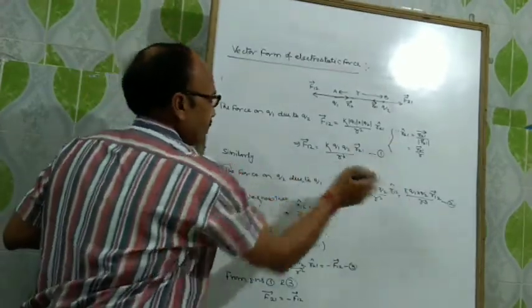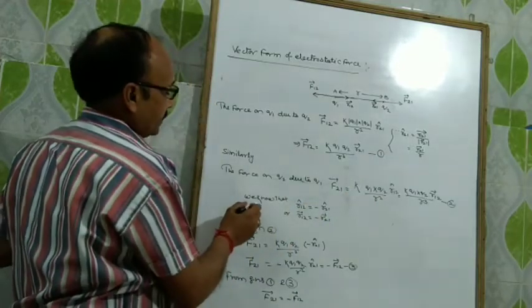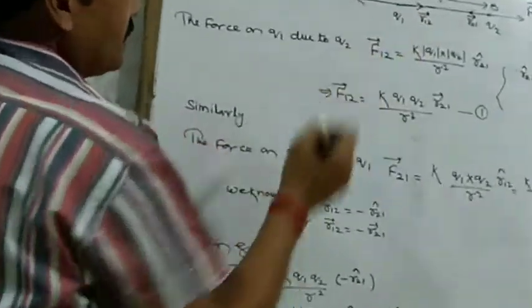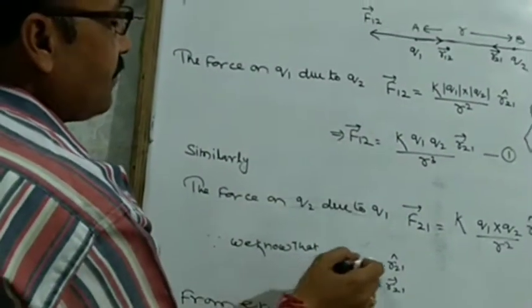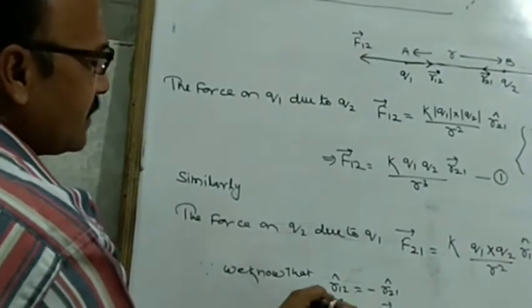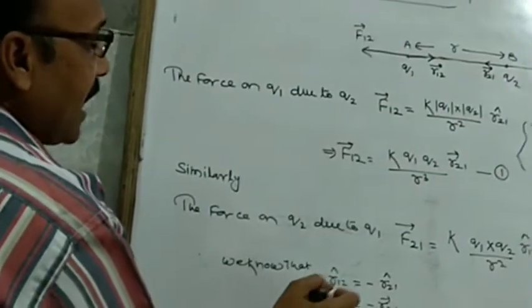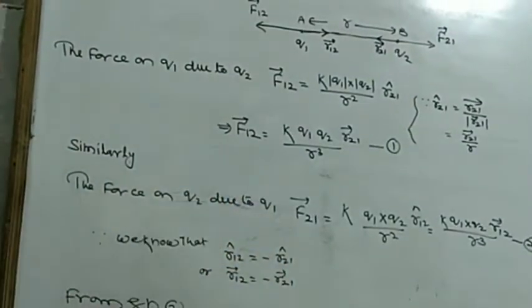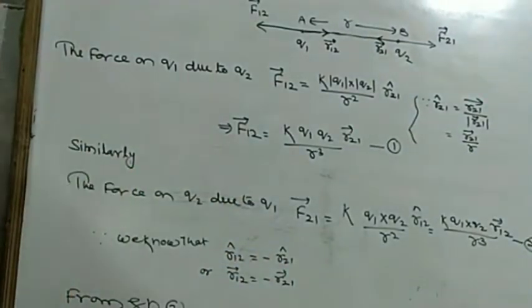Now these are two equations, but we know that the unit vector R12 cap is equal and opposite to R21 cap, or we can also write vector R12 equals minus vector R21. It means both vectors are the same in magnitude and opposite in direction.